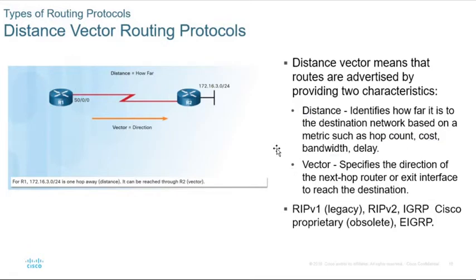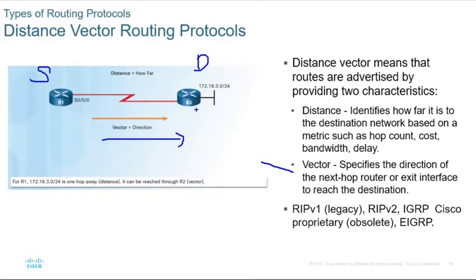Next, the other term is vector. What exactly is a vector? It says here that a vector specifies the direction of the next hop router or exit interface to reach the destination. So vector is the direction. If this is your source and this is your destination, your direction is coming from R1 going to R2.